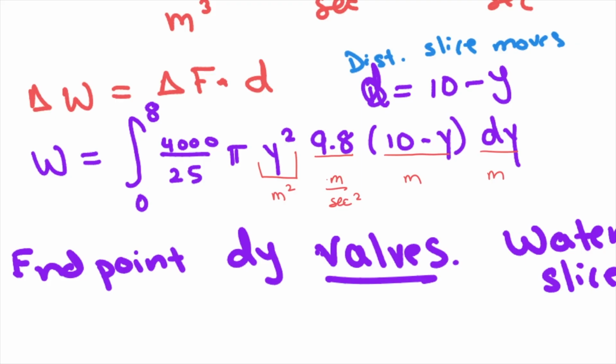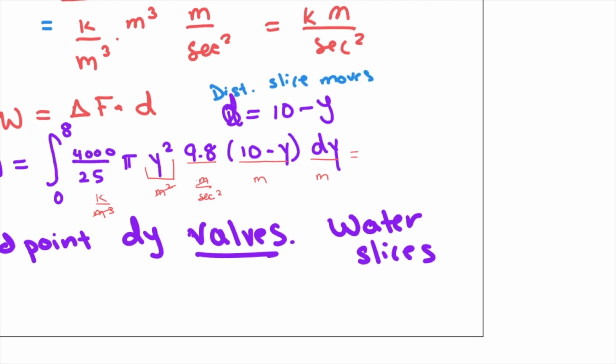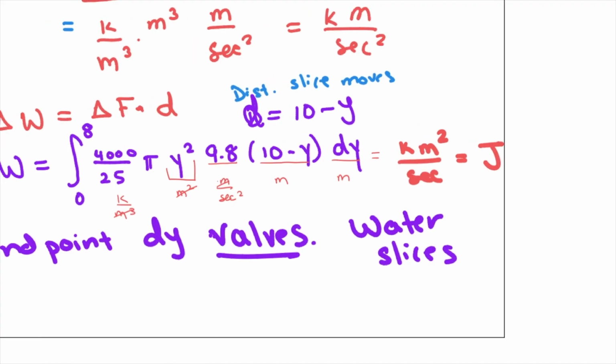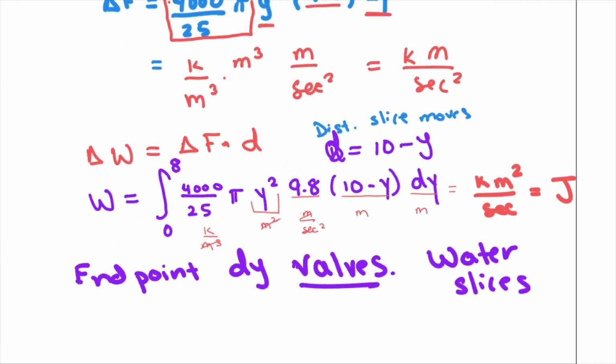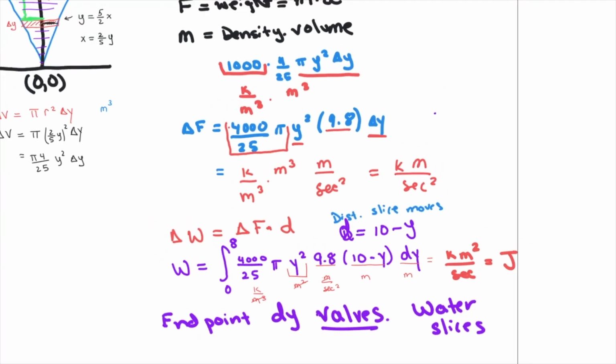But then we also have to multiply by density, and density is kilograms per meters cubed. Double check that everything cancels out. We have our meters squared, meters cubed, meters. Our final answer, once you figure it out, is going to be kilogram meters squared over second squared. And we know that these are the units that make up joules. So we have completed our problem correctly. Find that value and you are set.